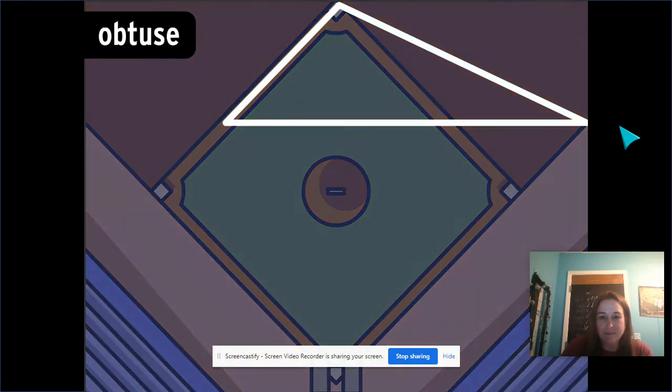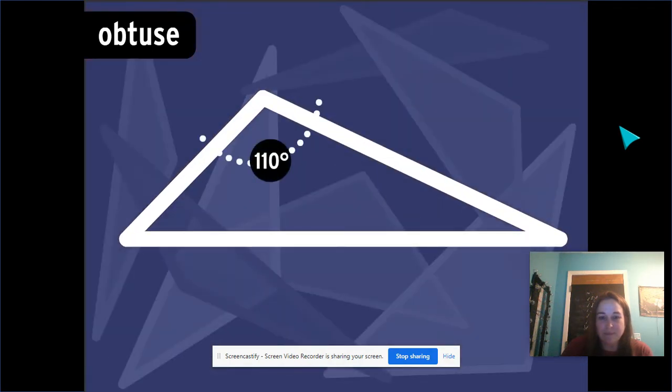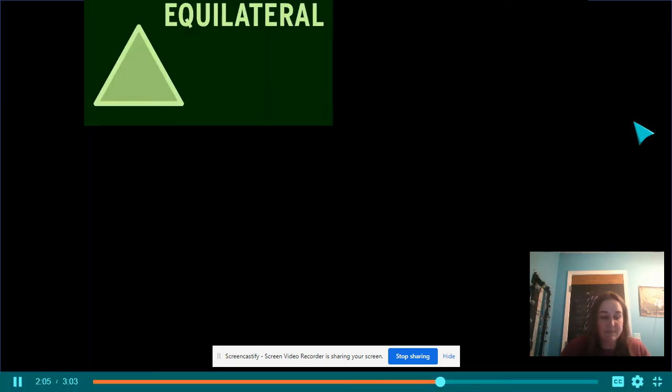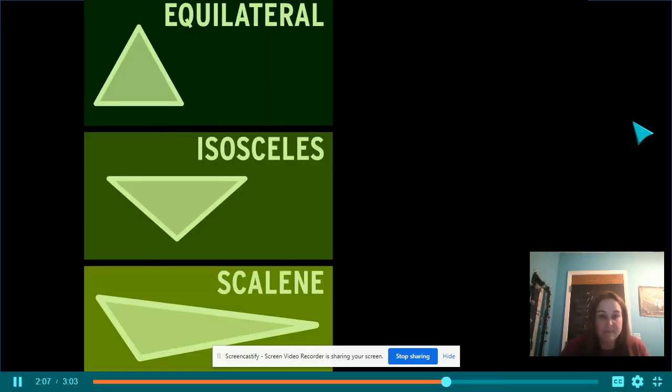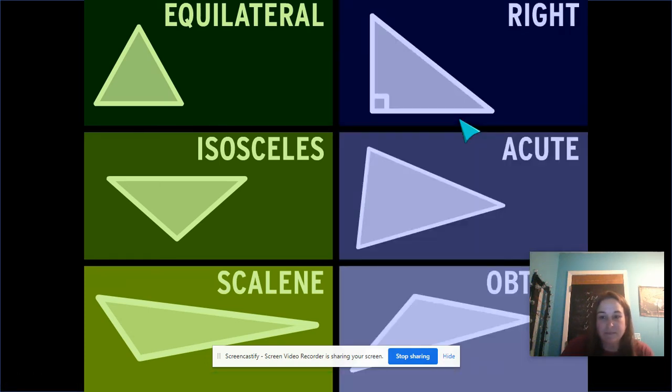Obtuse triangles have one obtuse angle. An obtuse angle is any angle that measures more than 90 degrees. So we've got 6 types of triangles. Those that are classified by comparing their sides, equilateral, isosceles, and scalene triangles, and those that are classified by comparing their angles, right, acute, and obtuse triangles.